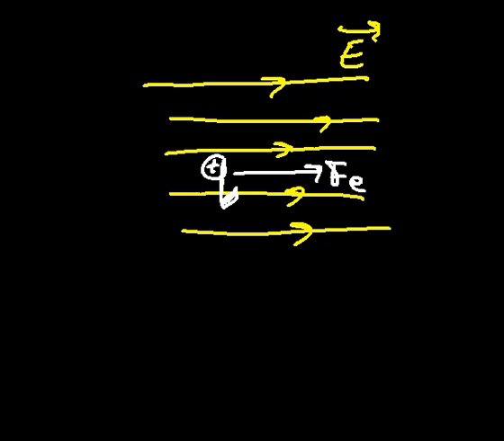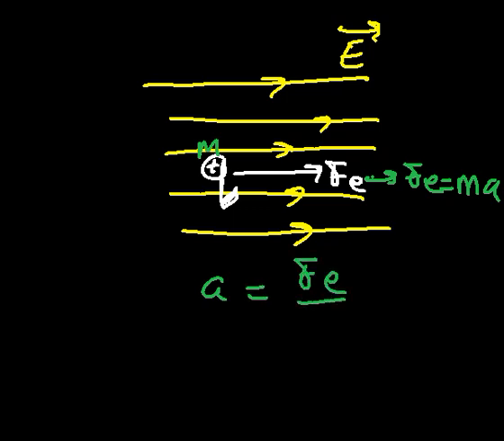So this force acting on the charge will make the charge accelerate in the same direction. Let's consider the charge to have mass m. Then according to Newton's second law of motion, F equals m times a, so the acceleration is the force divided by the mass of the charge.